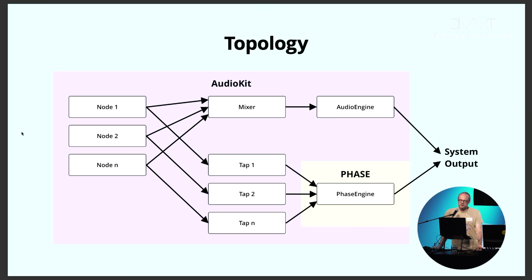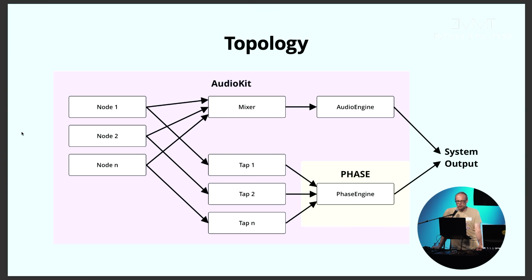As I said, you can also stream data to the PHASE engine, and luckily AVAudioEngine and AudioKit have something called taps, so you can tap into sound sources and also request the buffers from there, the samples. And that's what we do. We are still using the audio engine of AudioKit to get everything running and have a very nice and easy setup, because AudioKit takes care of all the formatting stuff and buffer size and so on.